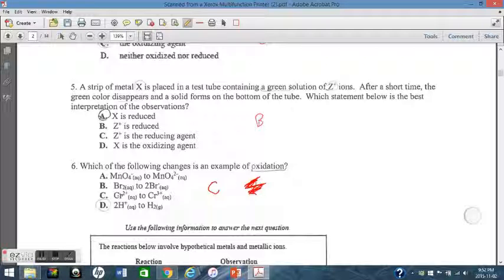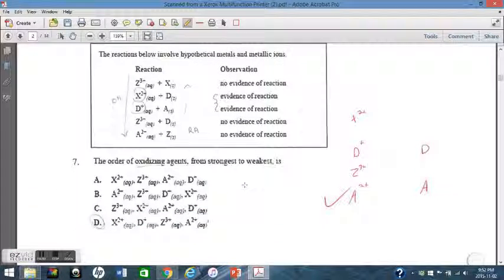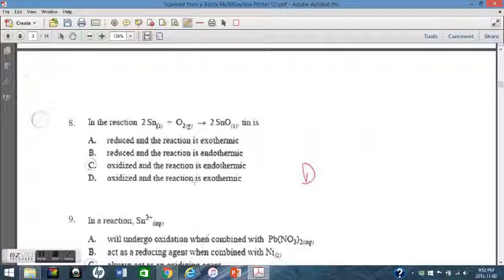And so that one is going to be correct, because the oxidation number is going upwards. So it's being oxidized, which means it's losing electrons. It's becoming less negative. Okay, this one here, very well done. You did catch on here, it's oxidized.